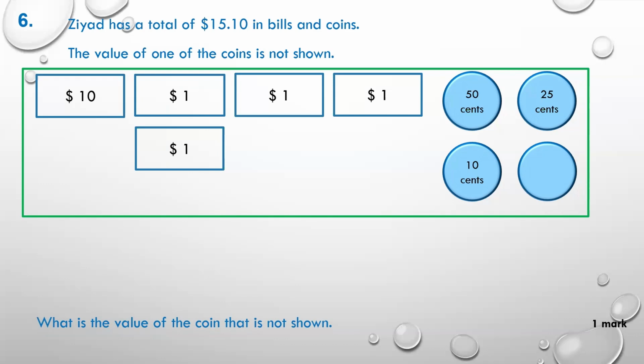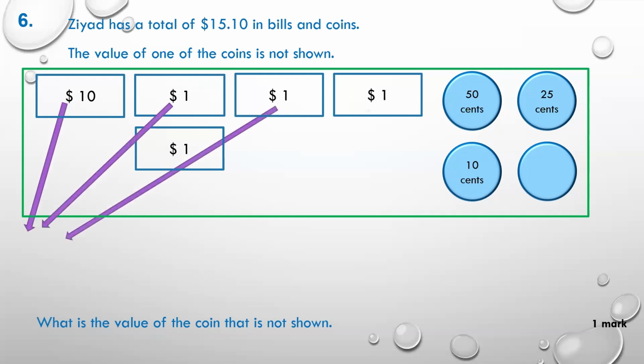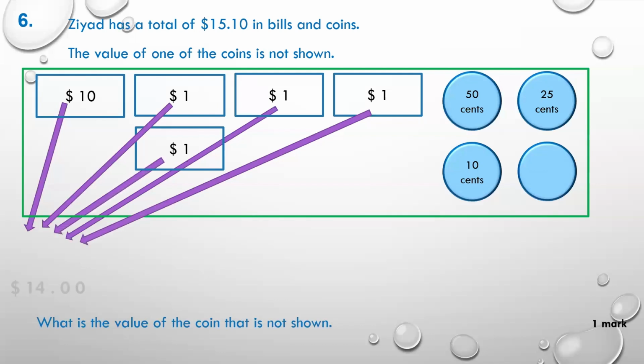Let's see if we can add up all the dollar bills first of all. So we have $10, and we add 1 more, that's 11, and 1 12, and 1 13, and 1 14. So that means we have $14 in bills. And how much value do we have in coins?